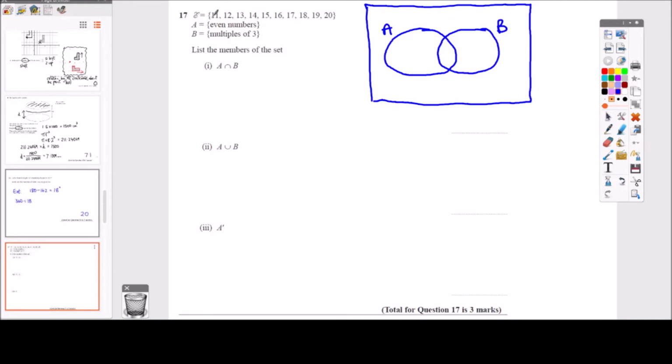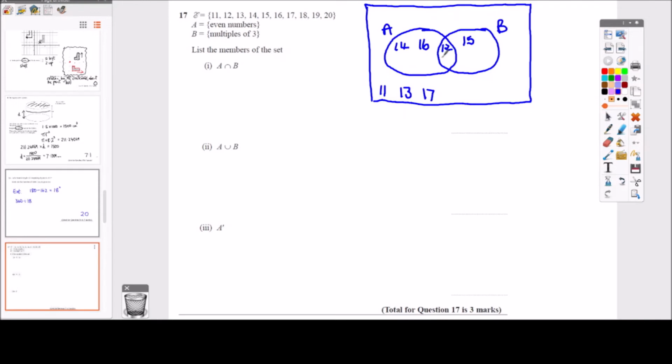Now 11 is neither even nor a multiple of 3. 12 is both. It's even and a multiple of 3, so that goes in the middle. 13 is neither even nor a multiple of 3, put it on the outside. 14 is even. 15 is a multiple of 3, but not even, so that just goes in B. 16 is even, but not a multiple of 3. 17 is neither. 18 is both.